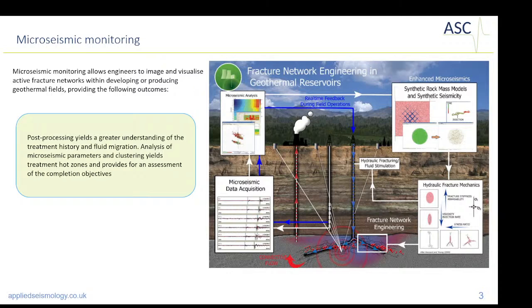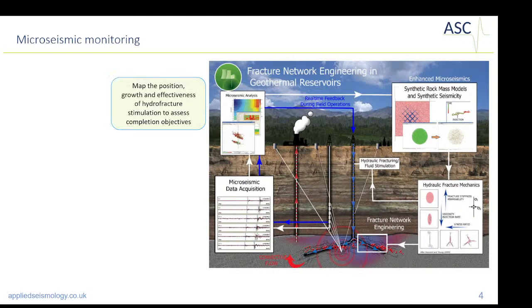Basically, analyzing the location and the parameters of the induced microseismic events, and how they cluster during the treatment, allows us to identify hot zones and areas of weakness where the fracture has been propagating, and understand how each of the treatment parameters match with the growth of our fractures.